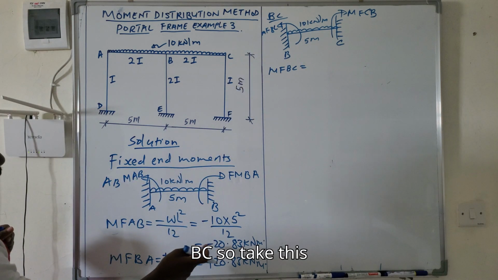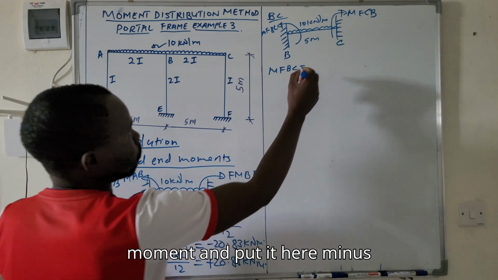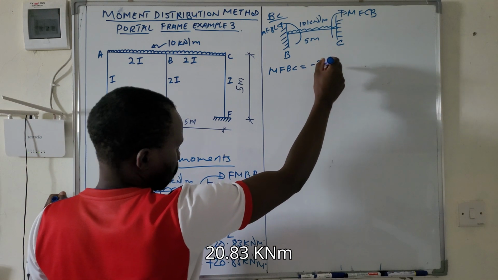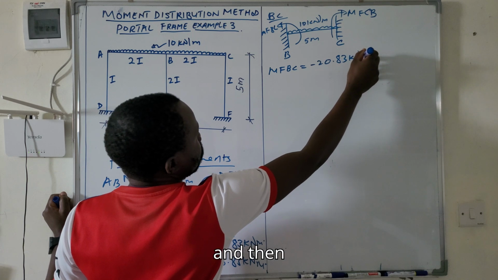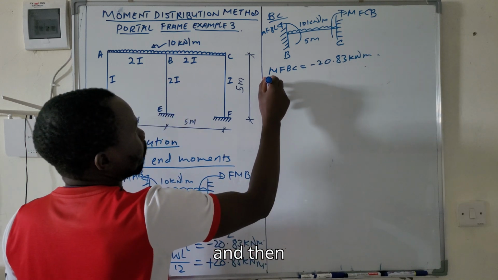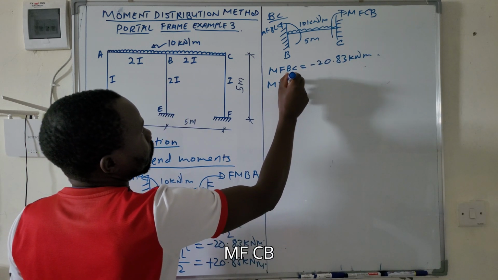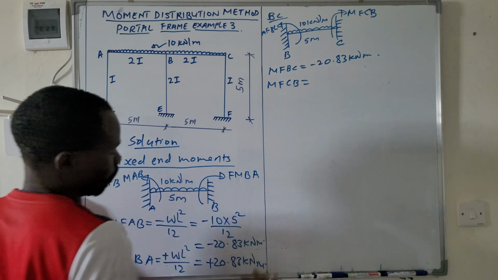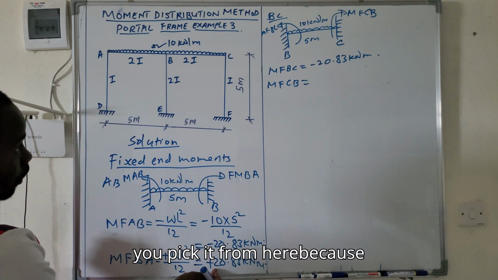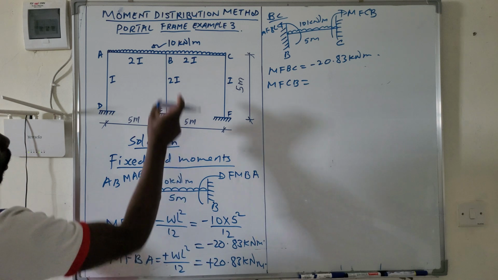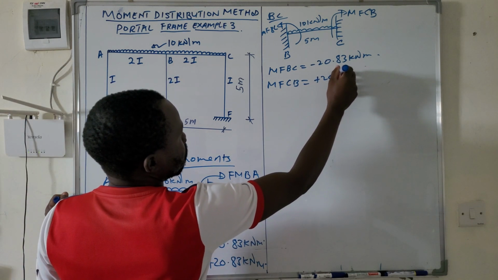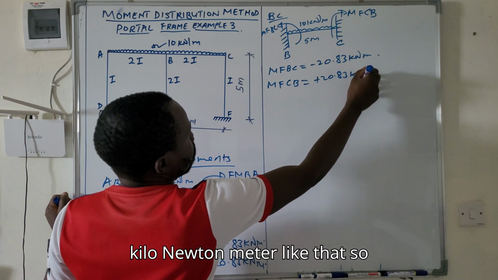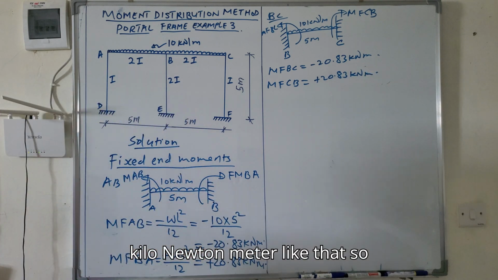So MFBC is minus 20.83 kilonewton meter, and MFCB, you pick it from here because it is symmetrical, so plus 20.83 kilonewton meter.